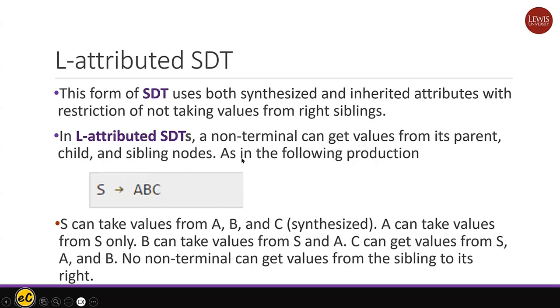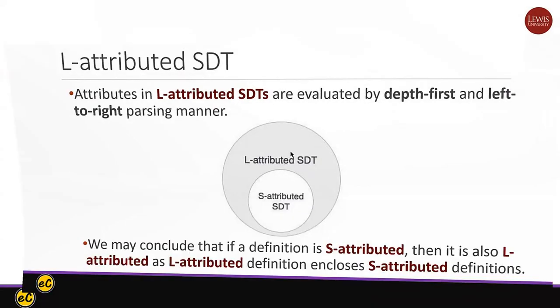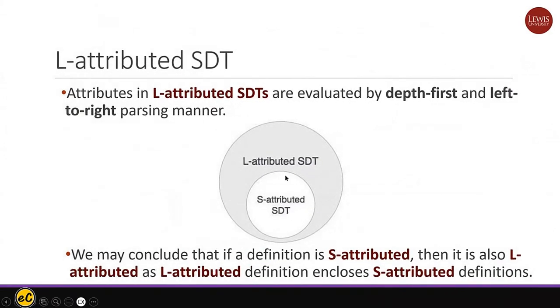So this is called L attribute. S attribute is a subset of L attribute. L attribute evaluates depth first, in left to right parsing order, and S attribute is bottom up.